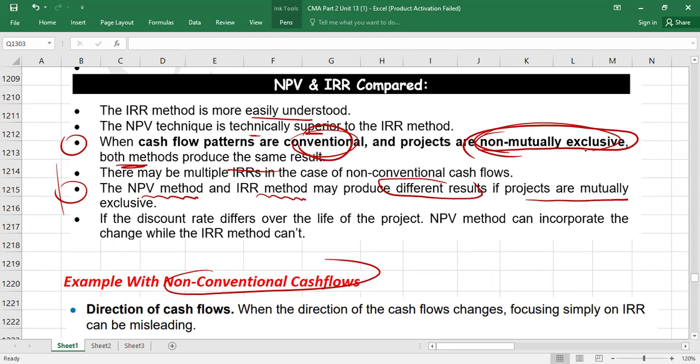But both methods can give you different decisions if cash flows are non-conventional and projects are mutually exclusive, and even IRR can mislead you. Whenever you have non-conventional cash flows and mutually exclusive projects, preference will be given to NPV, because the methods can give you different pictures. So preference will be given to NPV. I'm going to show you with the help of examples. Here we go.